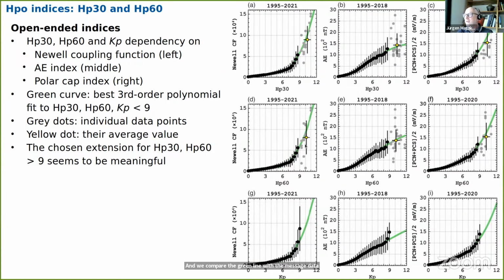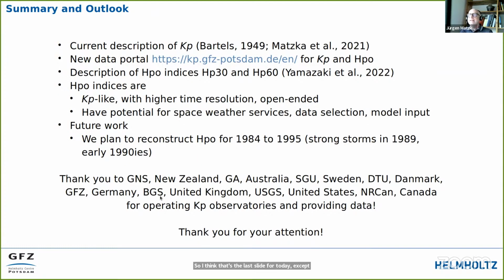And then we produce the yellow dot here, for example, for the HP60 and the Newell coupling function. And we find that the way how we extend HPO beyond 9 makes a lot of sense when we compare it to that best third order polynomial fit to the other values. So I think that's the last slide for today, except the summary and the outlook.